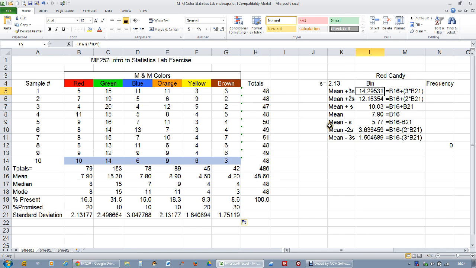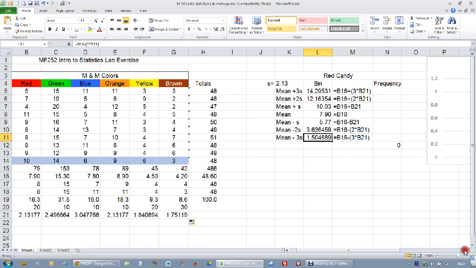And then on the other side we have mean minus 1 standard deviation, the mean minus 2 standard deviations, and the mean minus 3 standard deviations. This column here, just for your reference to see where I got the formulas.